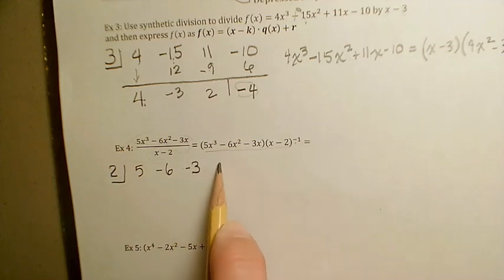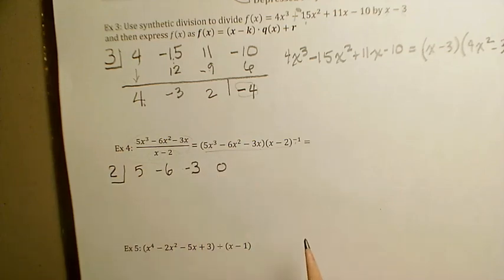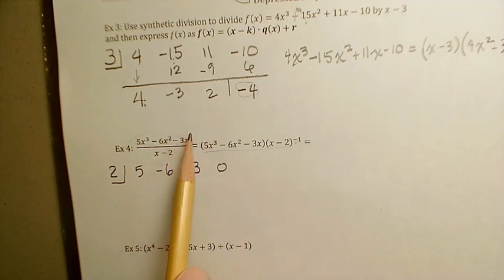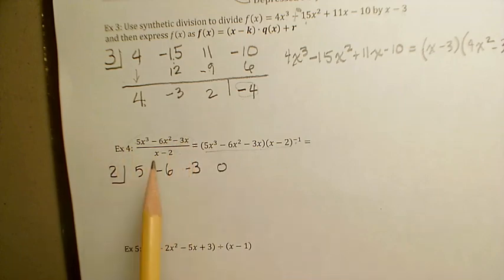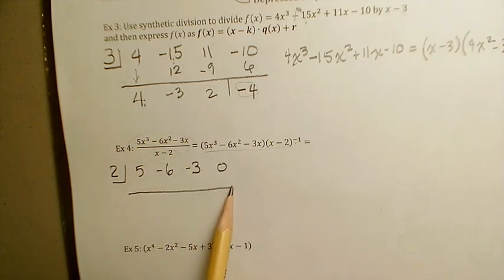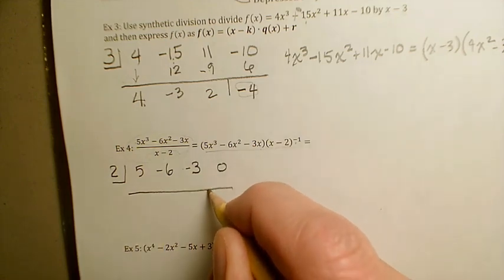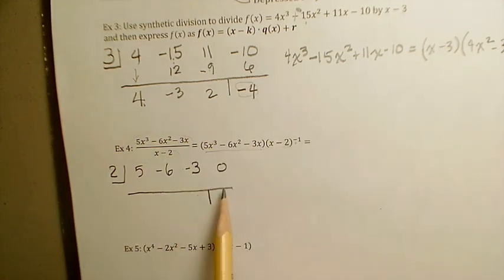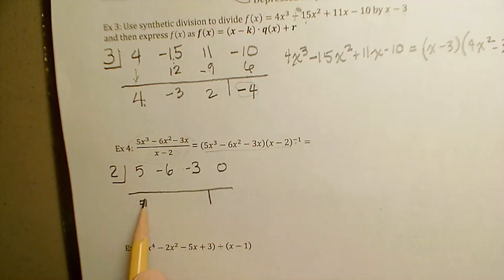And then I'm going to put a 0 in there for the missing term, because the constant is missing. So I would put that in there, draw my horizontal line, and a vertical one between those last two numbers. All right, so I'm going to bring down my 5.